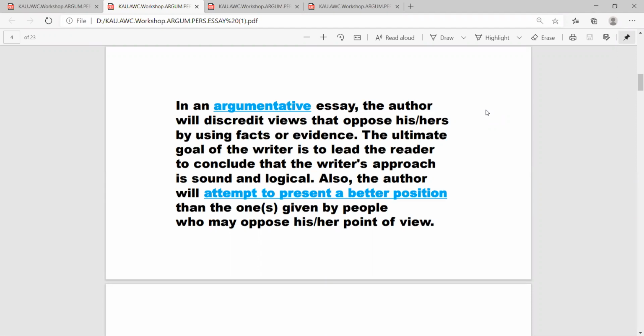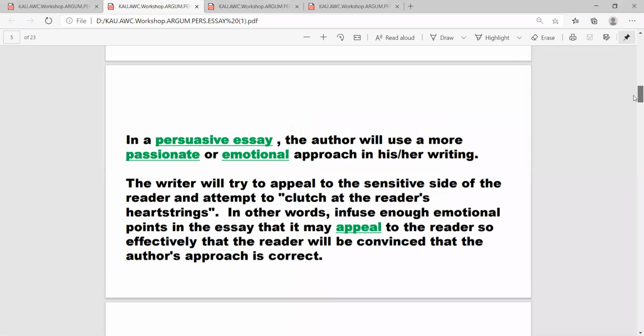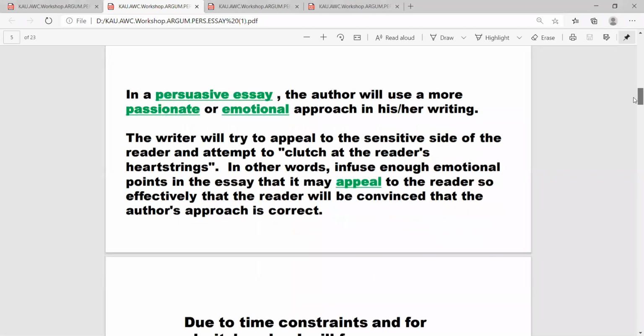Because the argumentative essay focuses on facts, or evidence, which is a lot more tangible, a lot more easily proven than an essay that's written in a persuasive style. The persuasive style, of course, relies on emotion, okay? And that will be in the next slide here. The author will use a more passionate or emotional approach.